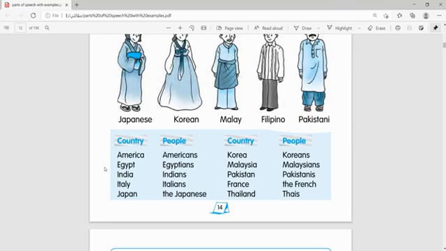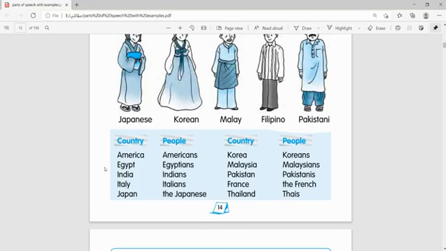Similarly, the people who live in Japan and their nationality is Japanese, they are called Japanese people. France, French. Thailand, Thai. Malaysia, Malaysians. Korea, Koreans. Italy, Italians. Egypt, Egyptians. Saudi Arabia, Saudi Arabians.